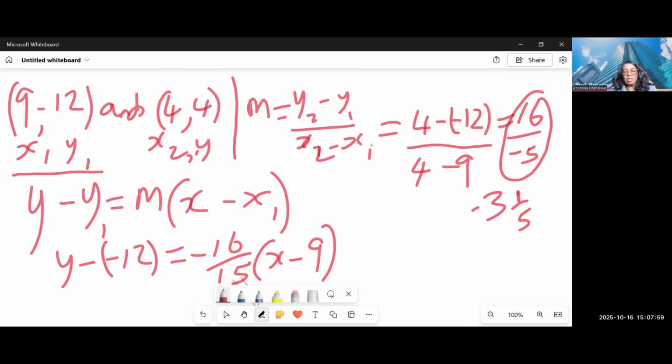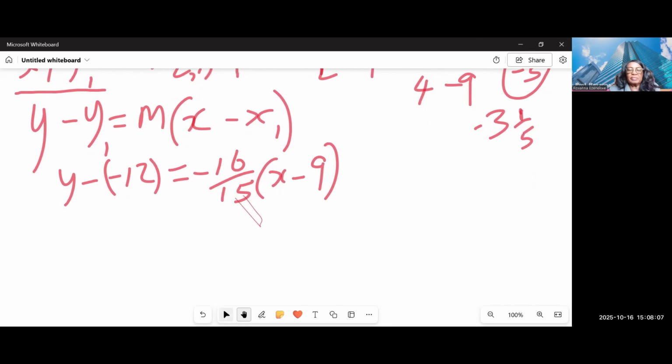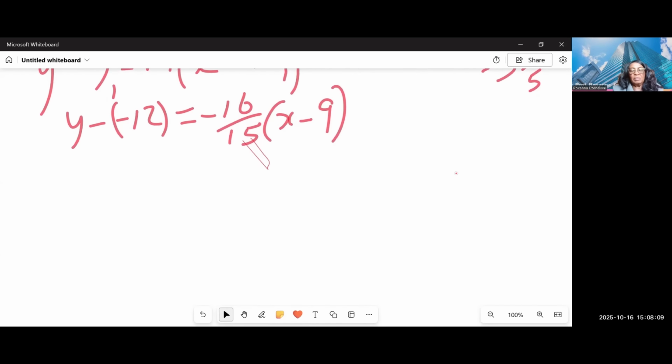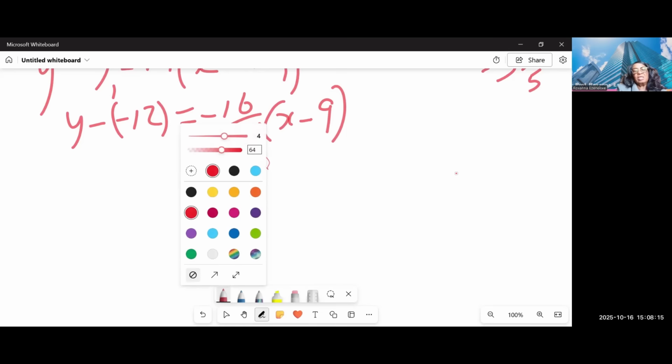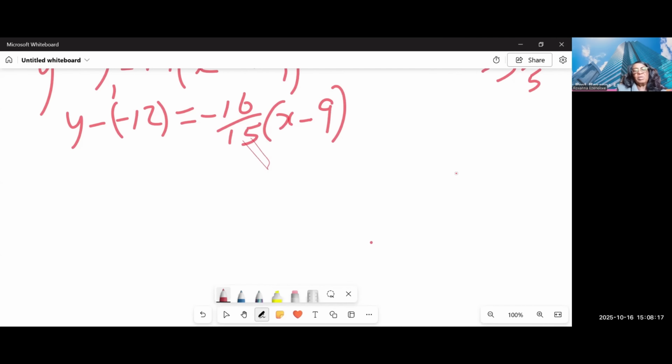So let me grab this and move this up a little bit. I'm trying to simplify this equation so that my equation will be in slope-intercept form. What I can do is y is equal to, this is positive 12 now, right here. So when I move it to the right, it becomes negative.